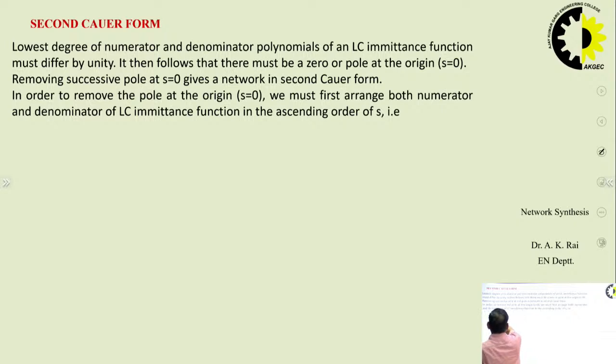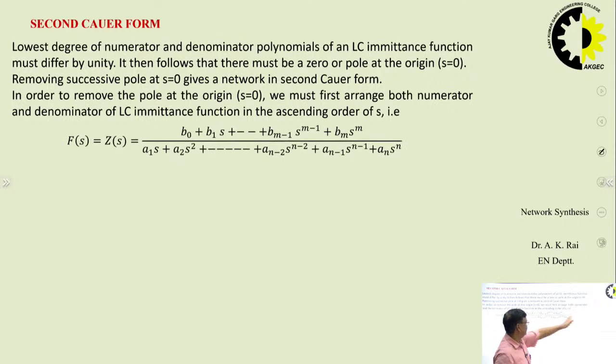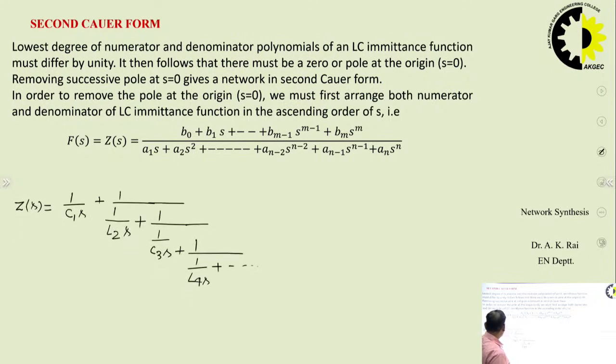So removing successive pole at s equal to 0 gives a network in second Cauer form. In order to remove the pole, first arrange both numerator and denominator in the ascending order of s. That is in this way. So before carrying out the division, we must arrange the polynomials in ascending order. So this we can get 1 by C1s, 1 by L2.